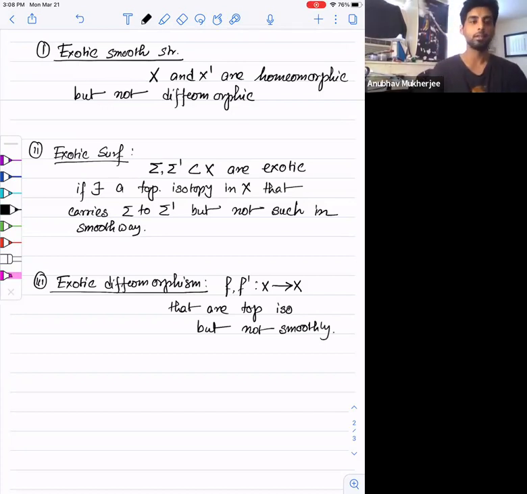So these are the three interesting phenomena that are very much of interest to most four-manifold topologists. And why they are interesting, there is a very remarkable result actually.